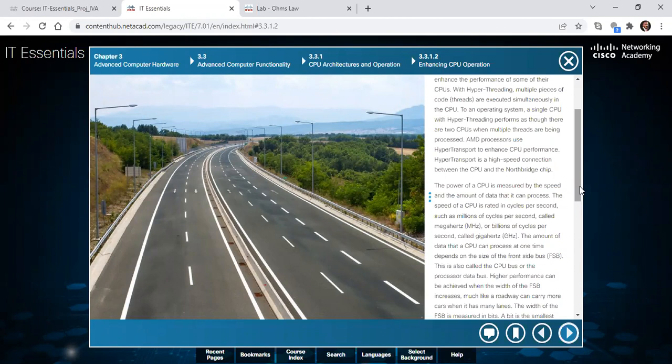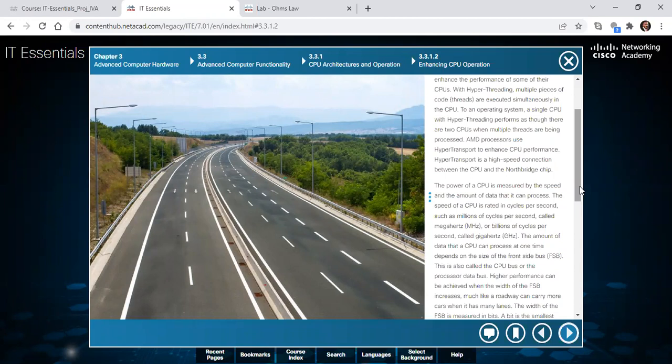So the power of a CPU is measured by the speed and the amount of data that it can process per time. The speed of a CPU is rated in cycles per second, such as millions of cycles per second, called megahertz. That is where the word megahertz comes from.